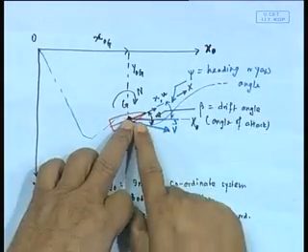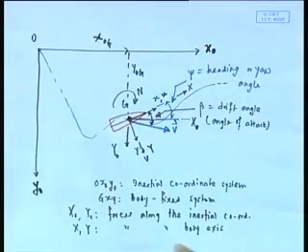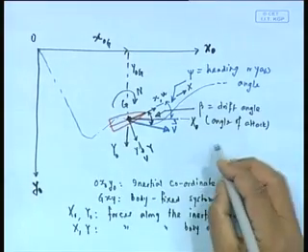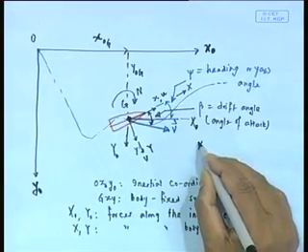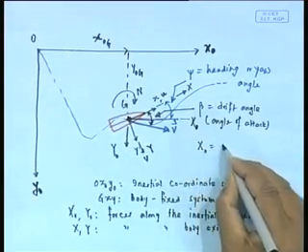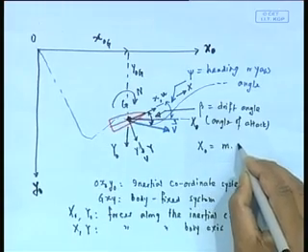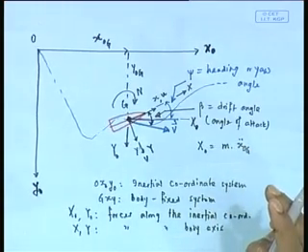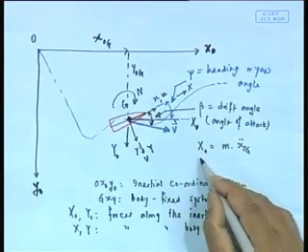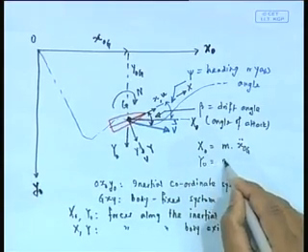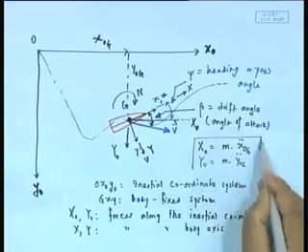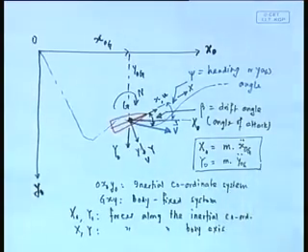So I can say x0 force equals mass into x og double dot. Similarly y0. This is Newton's equation of motion, and N, of course, I will come to.